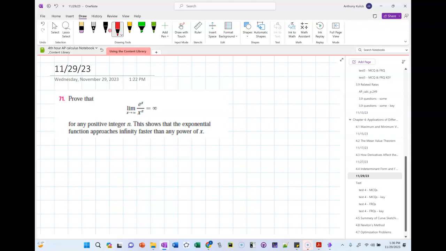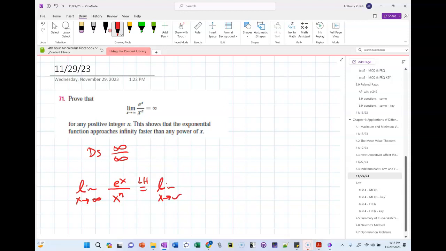If I try direct substitution, I have infinity over infinity, right? So we'll do L'Hopital.